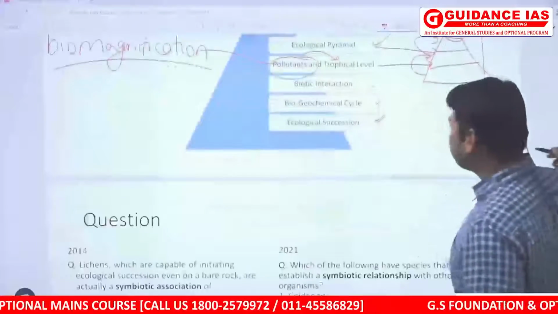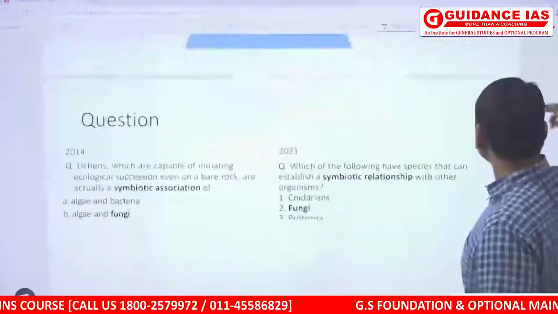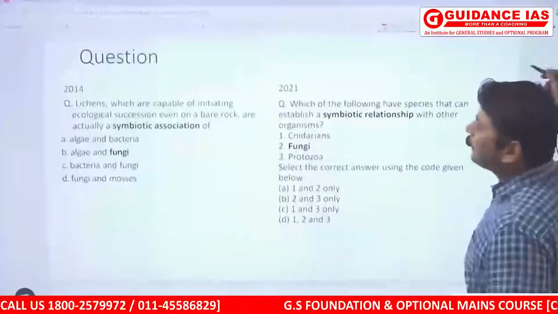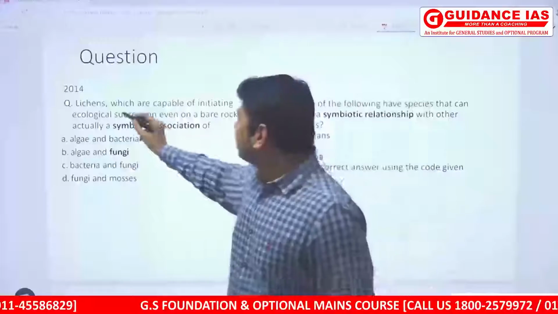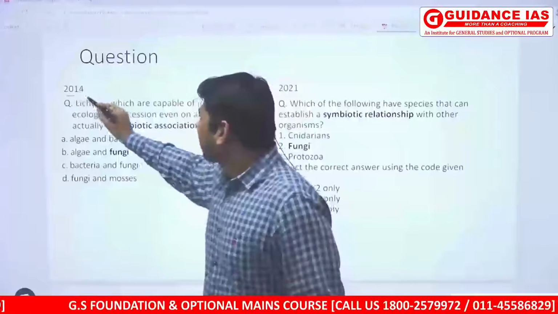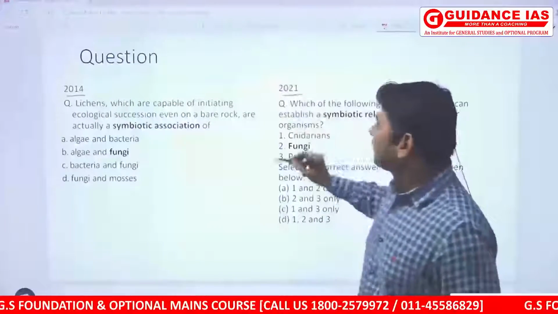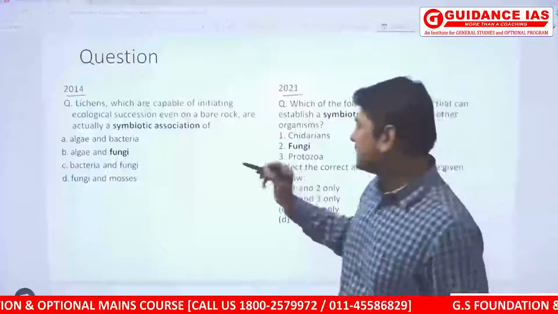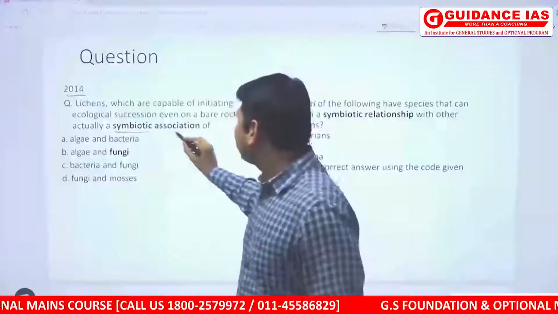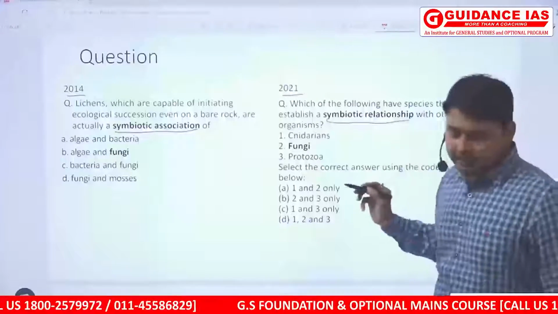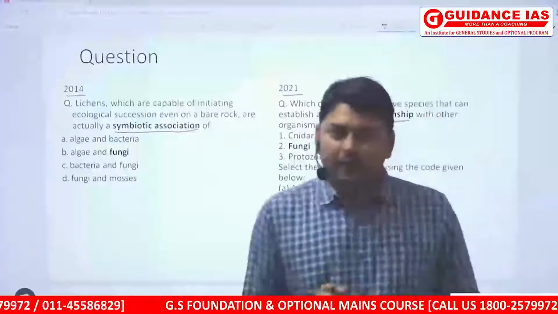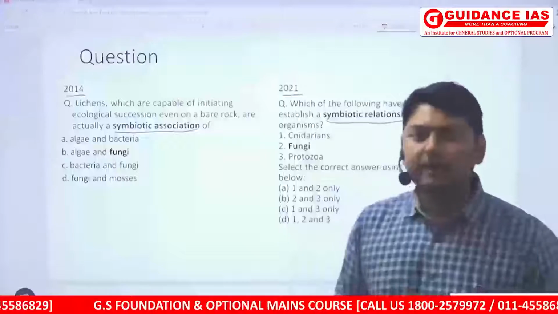Now we will be seeing another question. We are going to analyze this, from 2014 and 2021. There is one basic thing, symbiotic association and symbiotic relationships. What are symbiotic associations and symbiotic relationships?